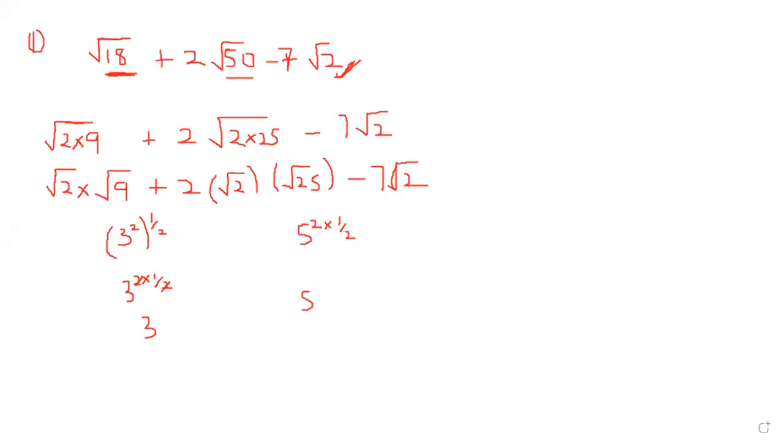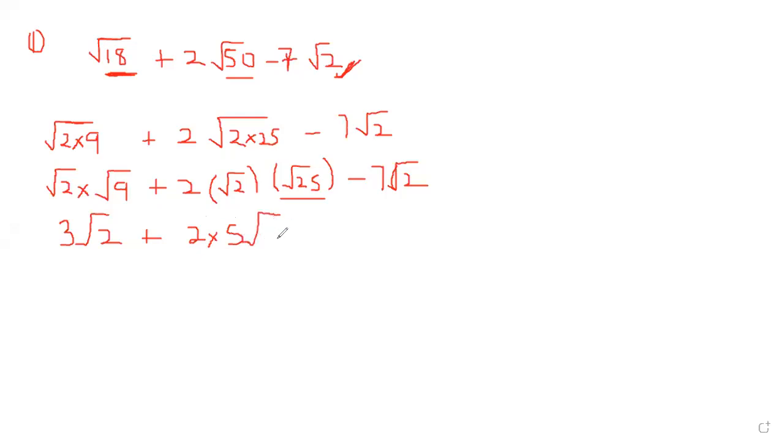So let's clean that section and then rewrite our expression. The square root of 9 is 3, so 3 root 2, then plus 2 times the square root of 25, which is 5, so 5 root 2, then minus 7 root 2.